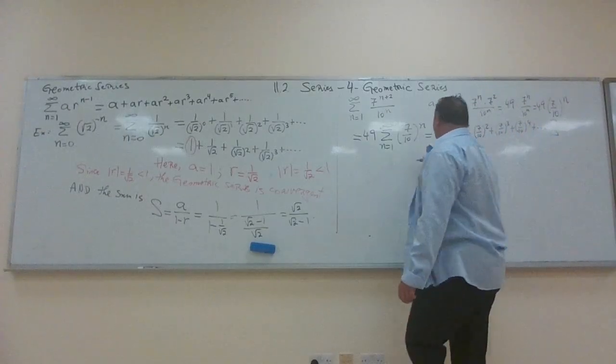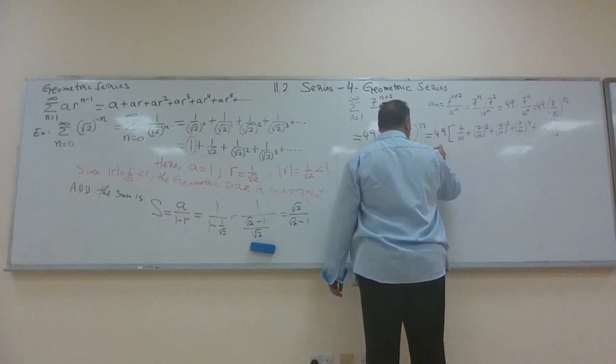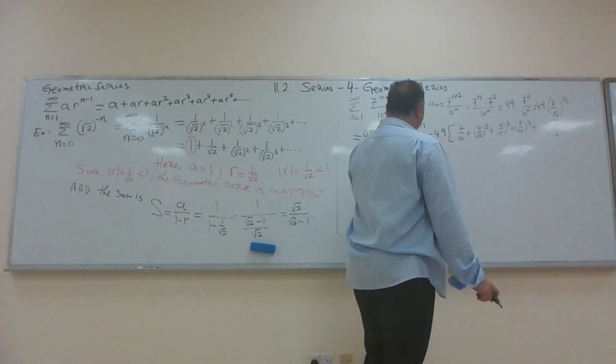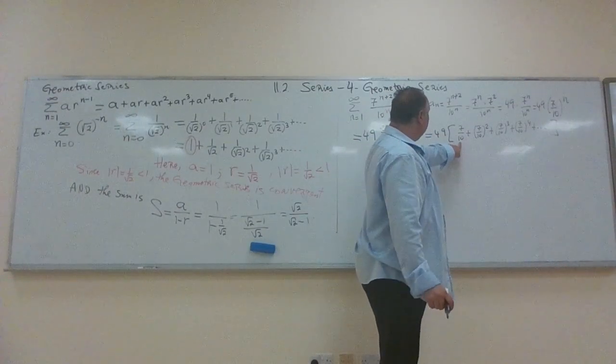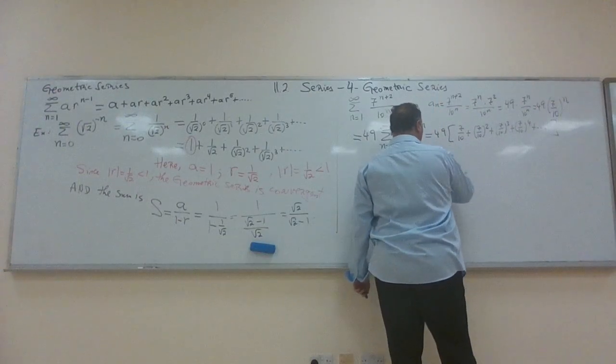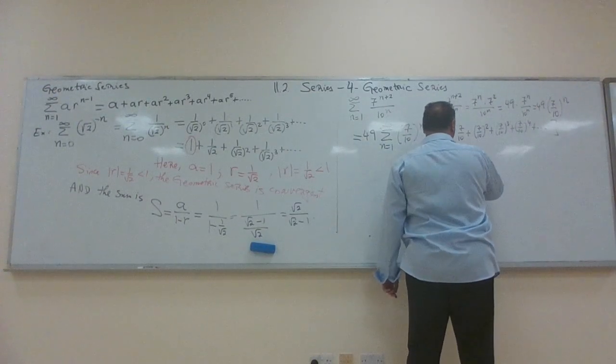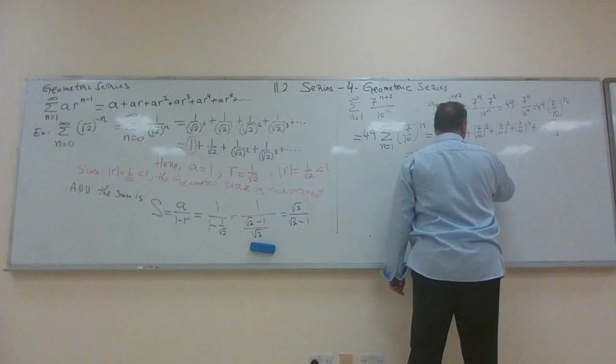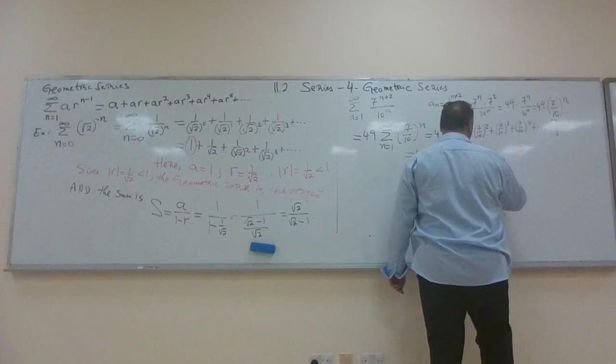No need to write anymore. 49 times. So we see the first term is 7 over 10. Here we'll have 7 over 10 times 7 over 10. So it's useful to write it. When we get more experienced, we can go faster.